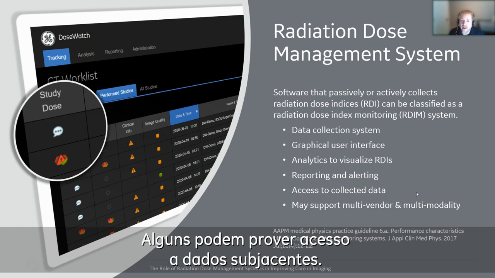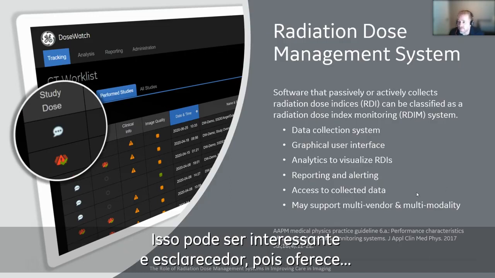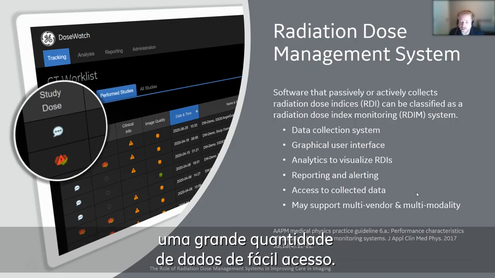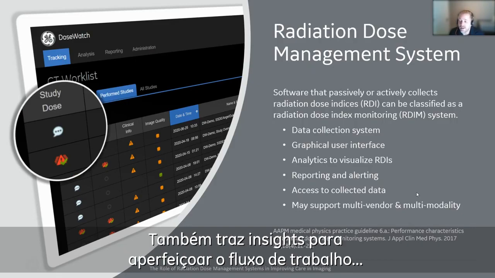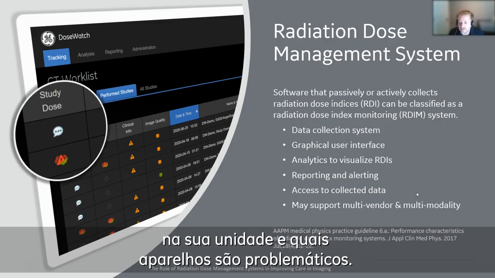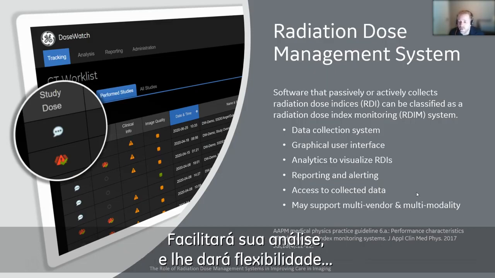Some have the ability to give you access to the underlying data, and that can be very interesting and enlightening. It's a lot of data at your fingertips, but it can give you insights into how workflow could be improved at your facility and what devices are particularly problematic. You can do your own analytics, your own analysis.